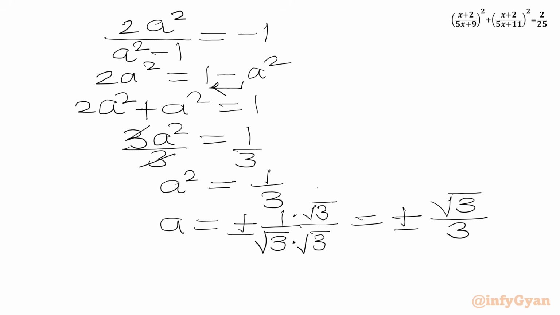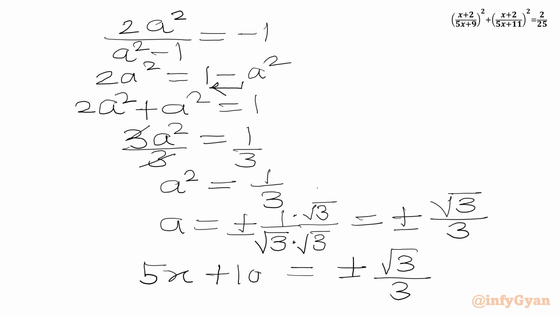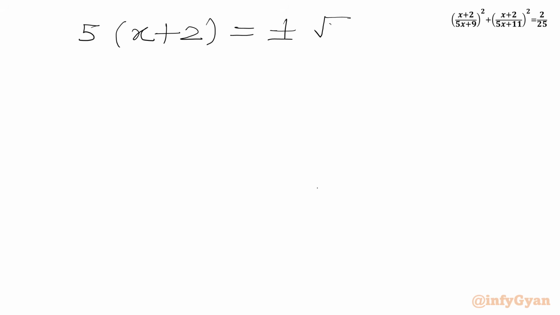Now a was 5x plus 10. So I will write 5x plus 10 equal to plus minus square root 3 over 3. Now we will take 5 common from the left hand side. So I will write 5 times x plus 2 equal to plus minus square root 3 over 3. Let's divide both sides by 5.